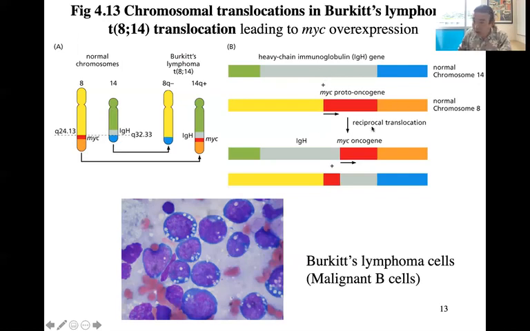On normal chromosome 8, where MYC would normally be, its promoter isn't like that. It's much more tightly controlled. So your cell tightly controls how much MYC is actually made from it. But in the t(8;14) translocation, the MYC, I said intact MYC, it's not fully intact.